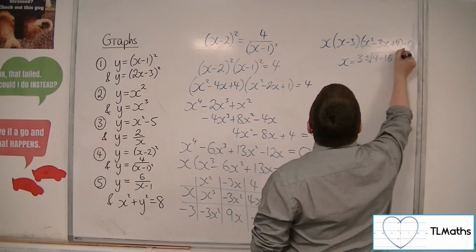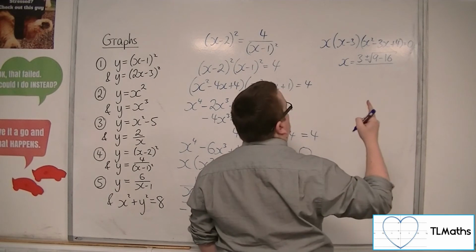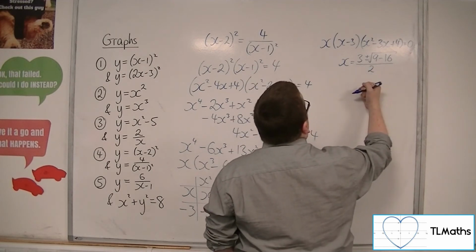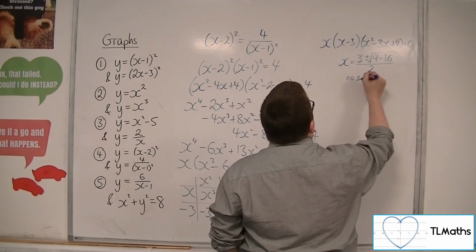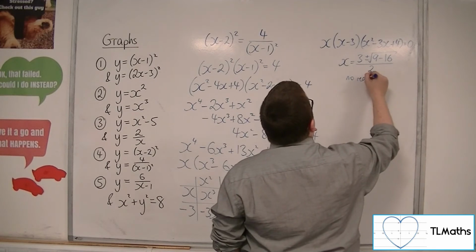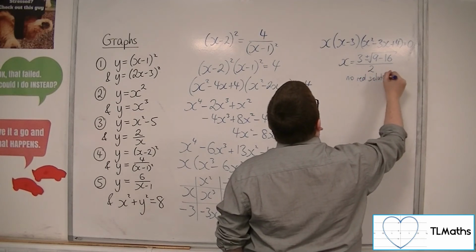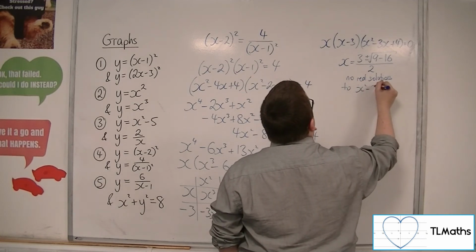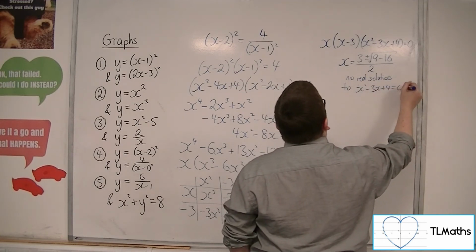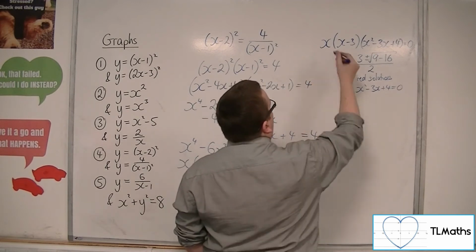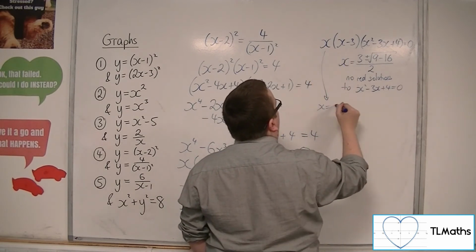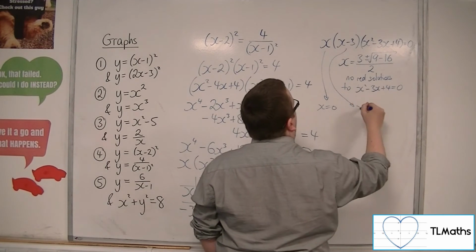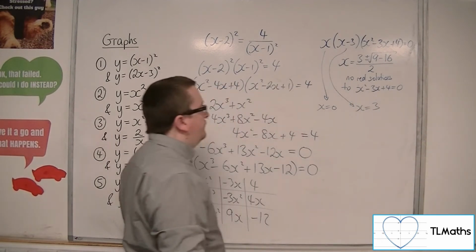So you can clearly see that we're going to get a negative inside the square root, okay, and so there are no real solutions to x squared minus 3x plus 4 is 0. So the only two roots are x is 0 and x is 3.